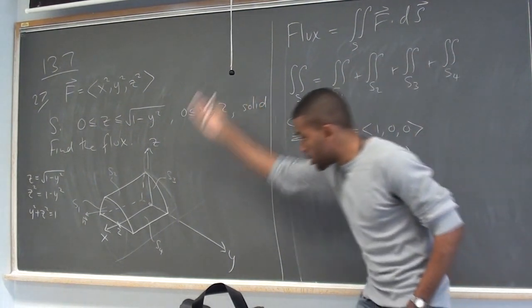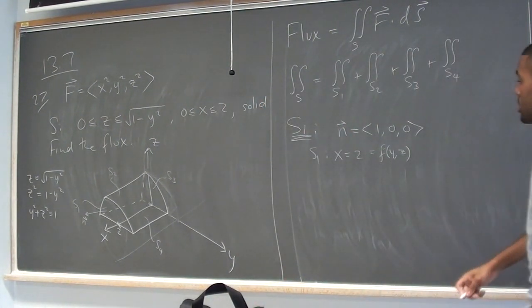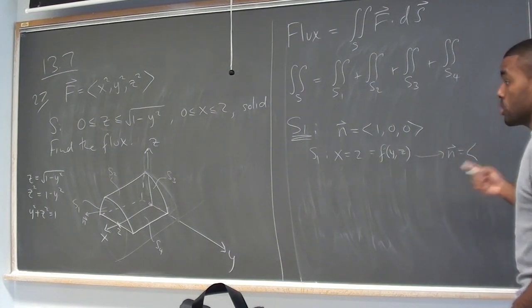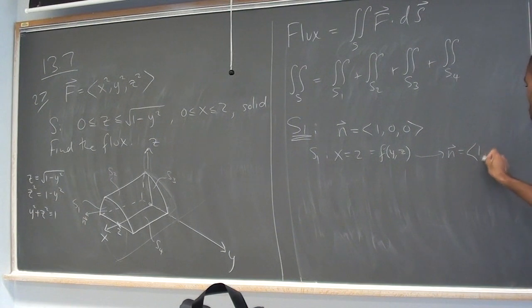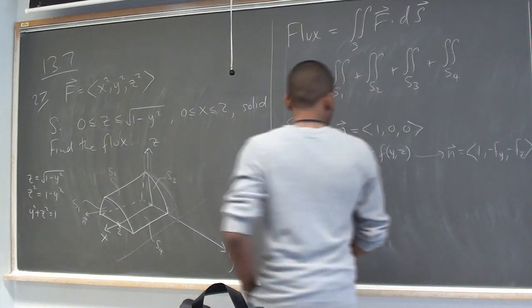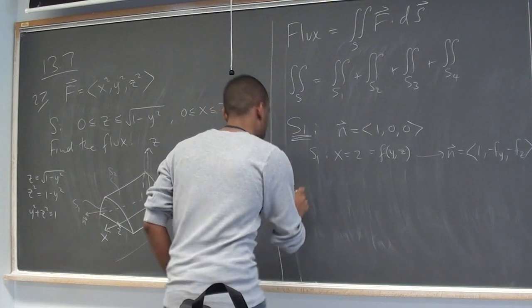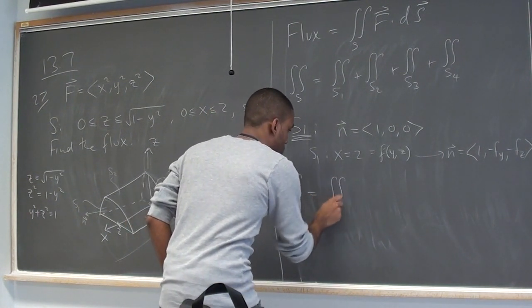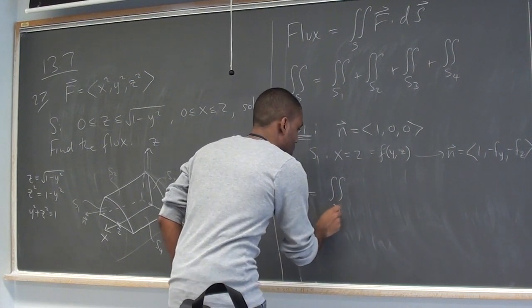And so you know that the normal would be, because it's outward pointing, 1 comma minus f_y comma minus f_z, but the partials of a constant are 0, and so you get 1, 0, 0.